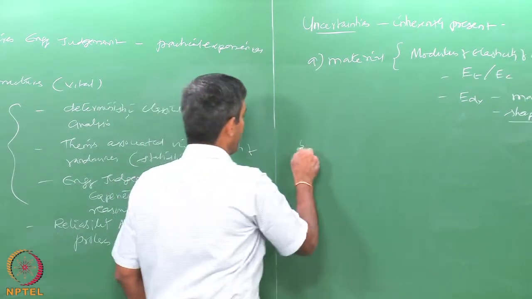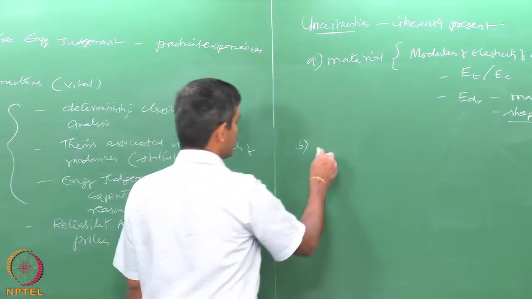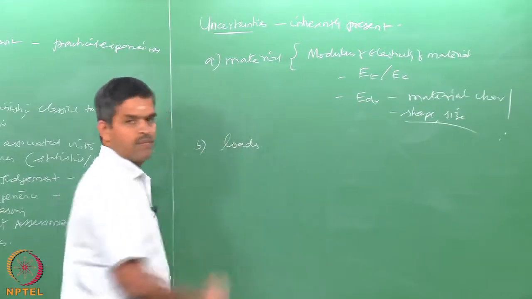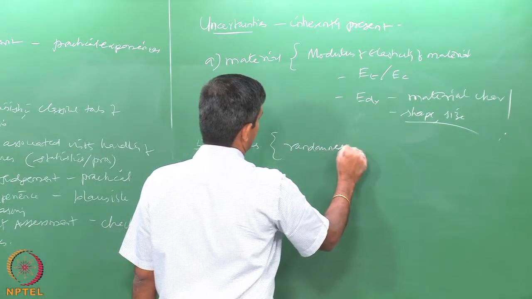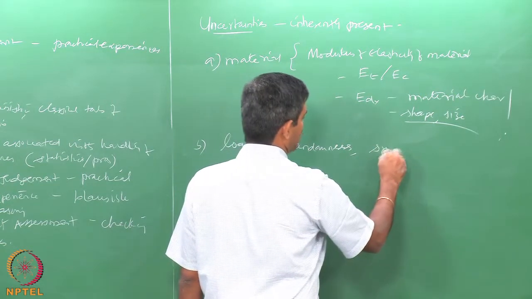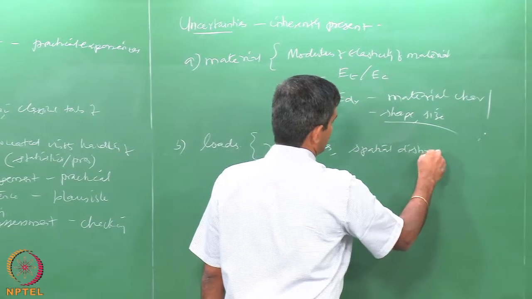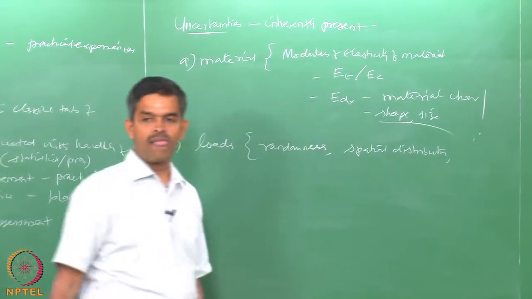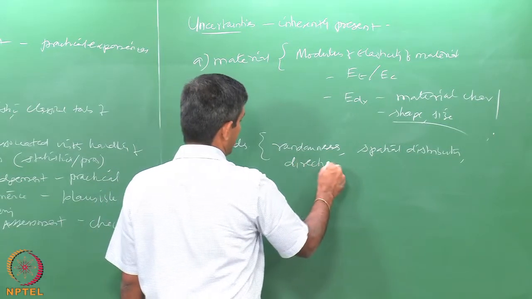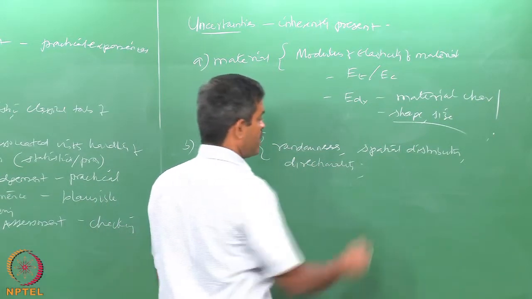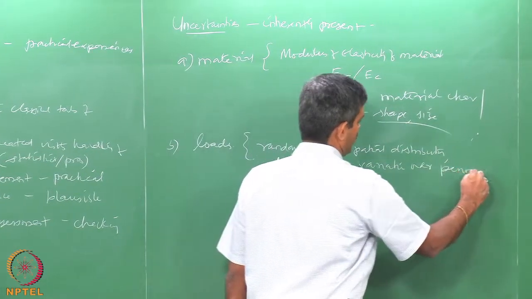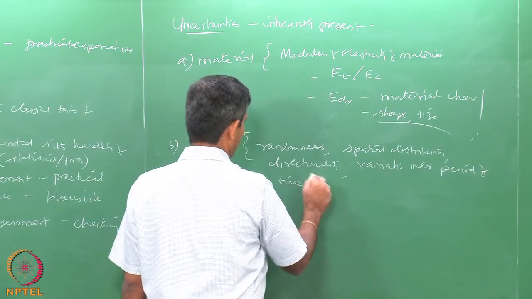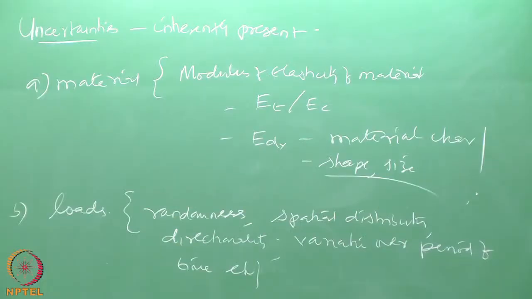The second set of uncertainties can arise from loads. For example, randomness, spatial distribution of loads, directionality, variation over a period of time, etc. We also have another problem.